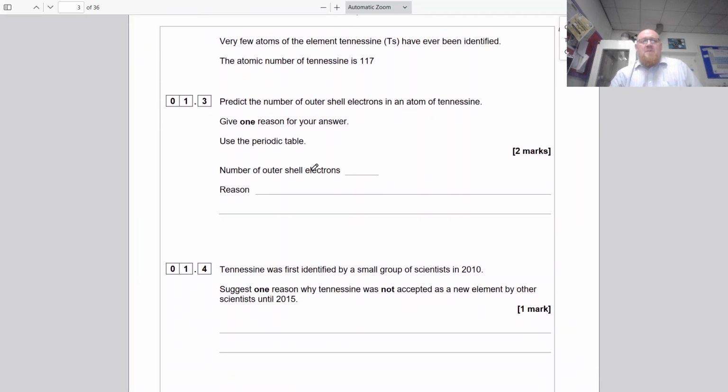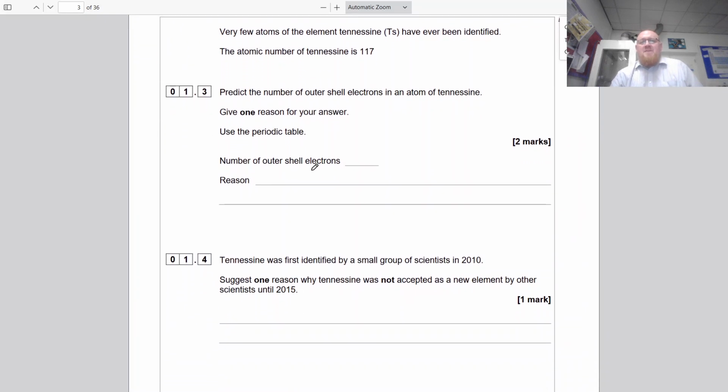So a few atoms of the element tennessine have been identified, and tennessine has an atomic number of 117. So tennessine 117. Now, what we can see is that tennessine is just below astatine, which is just below iodine, bromine, chlorine and fluorine.